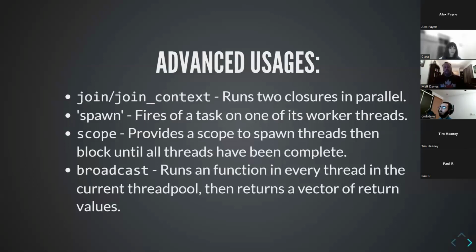And there's a function called broadcast, which can run a function on every single thread, and then it will collect up all the results and return it as a vector. So quite some nice, powerful multi-threaded tooling there. And of course, being Rust, you're not worried about race conditions because you've got fearless concurrency, as we all know.